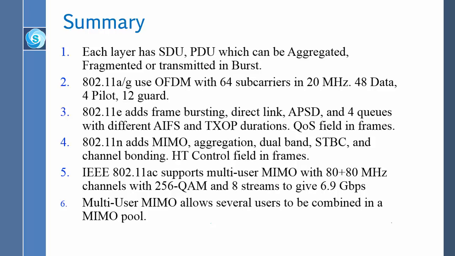So the question is, is there a QoS field in the frame? And it says right here QoS field in the frame. So I think there is. And let us look at the frame format. I did not put the frame format here.